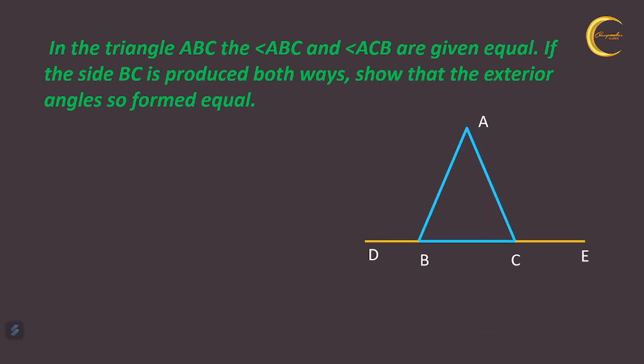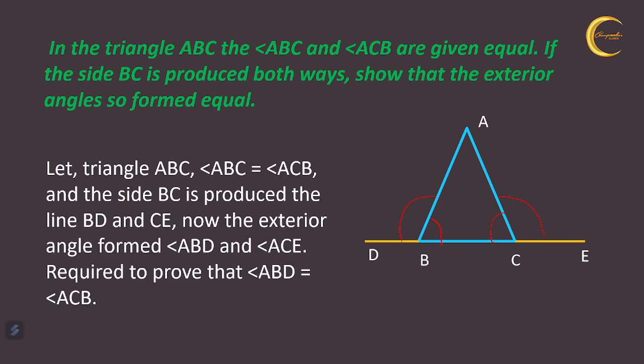Now we see the diagram. Now you see here, this angle ABC and this angle ACB are equal. So we have to prove this angle ABD and this angle ACE are equal. Again, this is very easy to prove, but we should know the theorem.